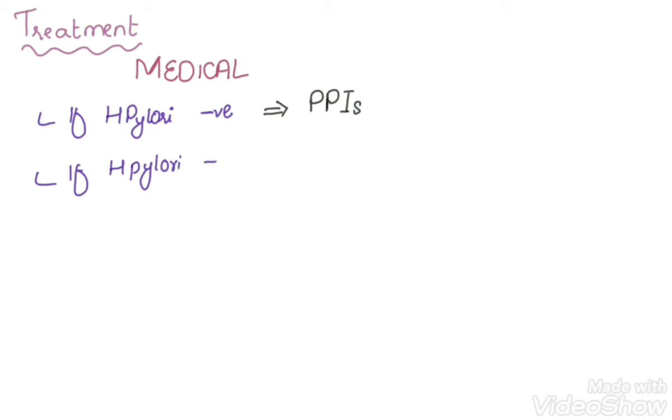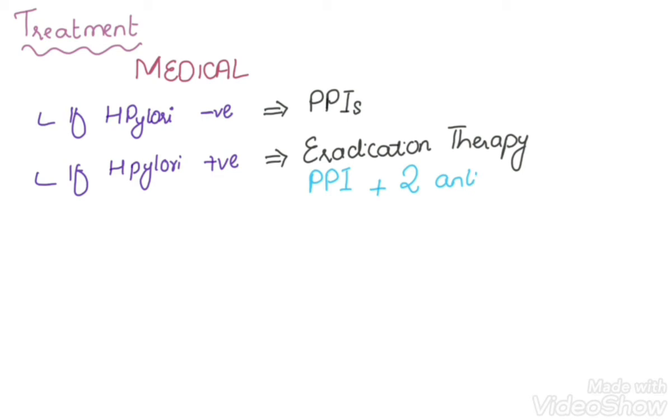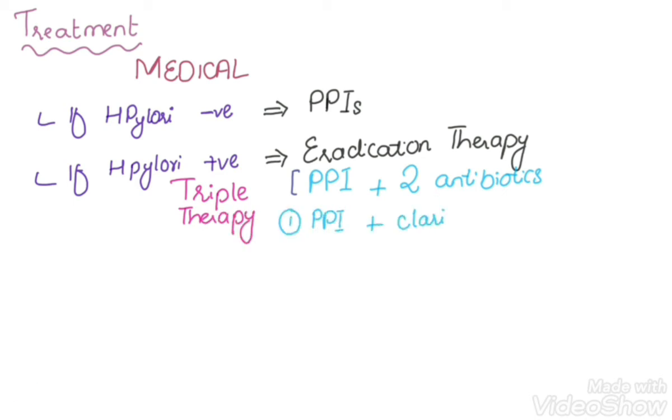If H. pylori positive, the patient is given eradication therapy that uses proton pump inhibitors along with 2 other antibiotics. This is known as triple therapy. The 2 antibiotics could be clarithromycin along with amoxicillin, or clarithromycin along with metronidazole.